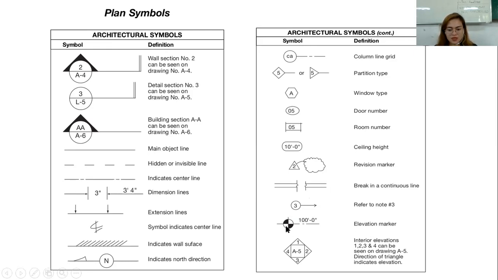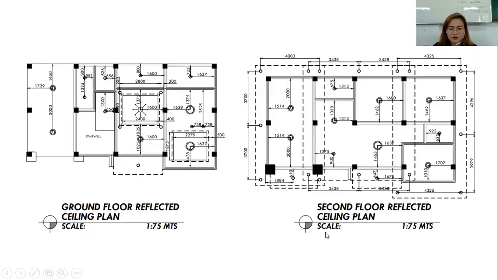And this is what I've said earlier, that you need to indicate the elevation marker on your reflected ceiling plan. So if there's an elevation from the finished floor line, you need to indicate it here.